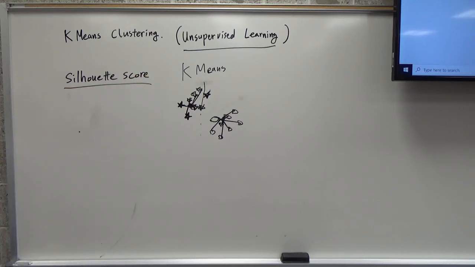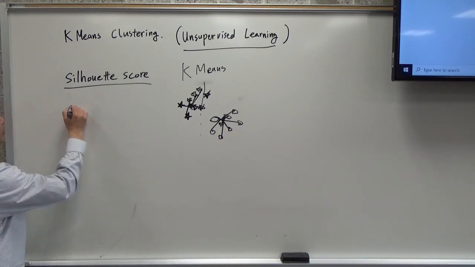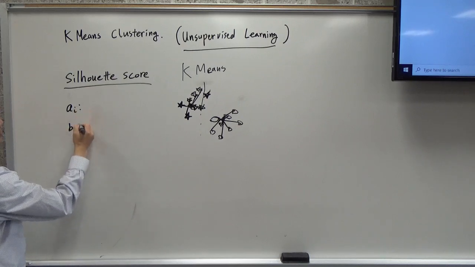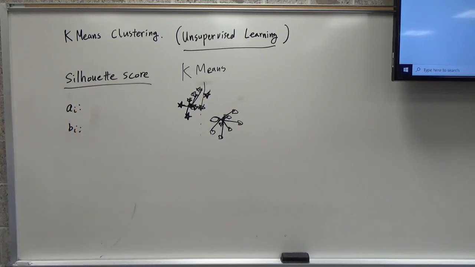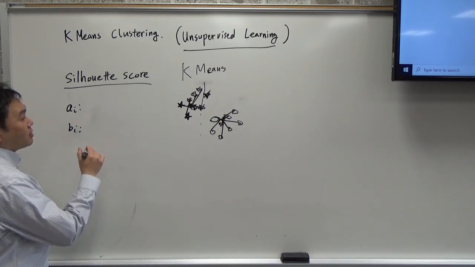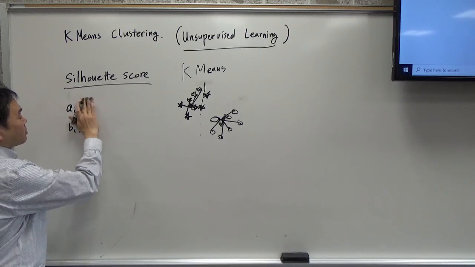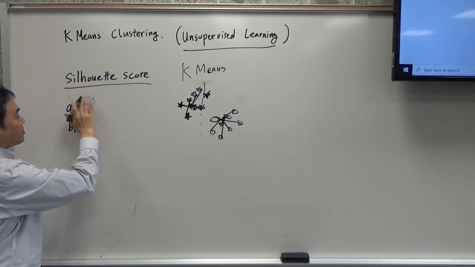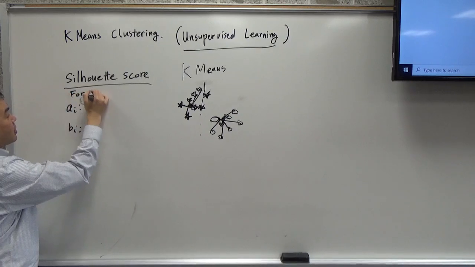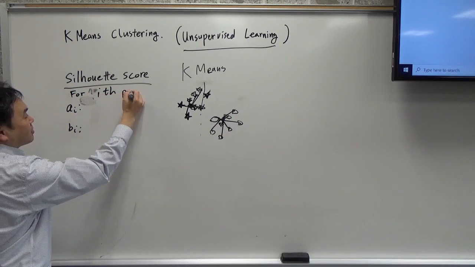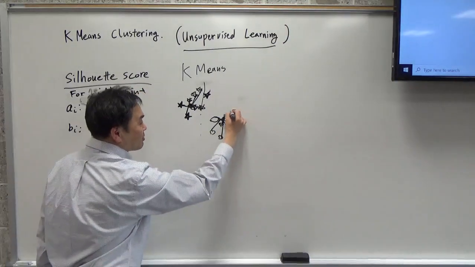And the silhouette score is given by first introducing a_i and b_i. Okay. So for each point, let's say i is a point, for the ith point in your data set, so just pick one, okay?